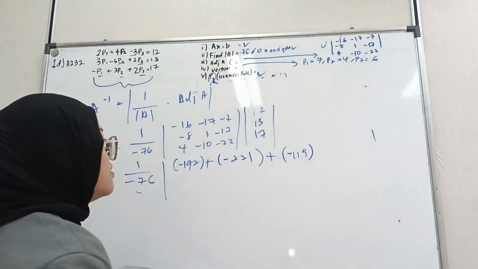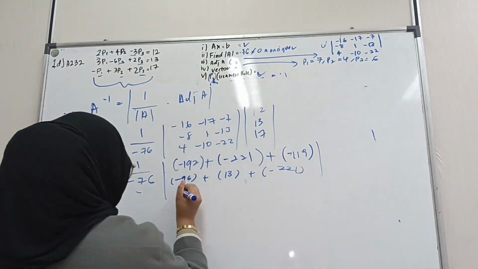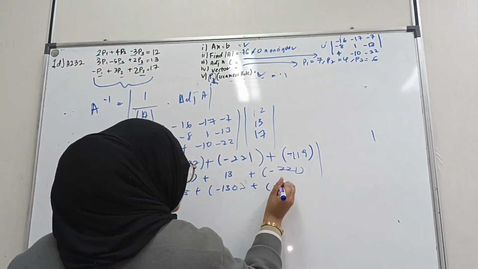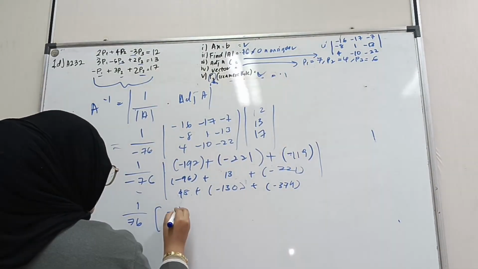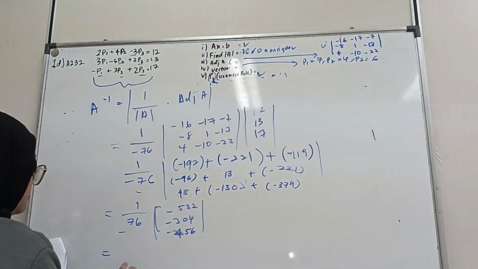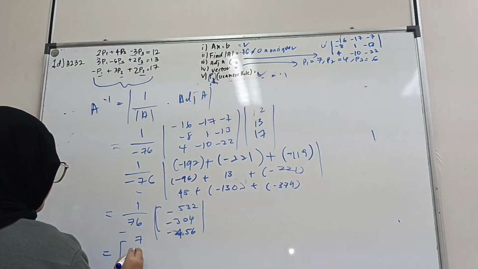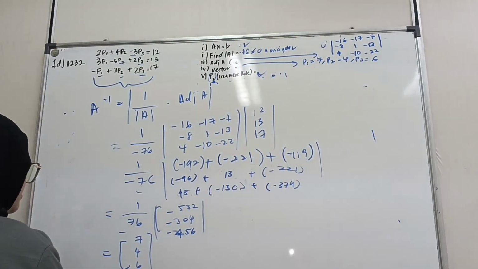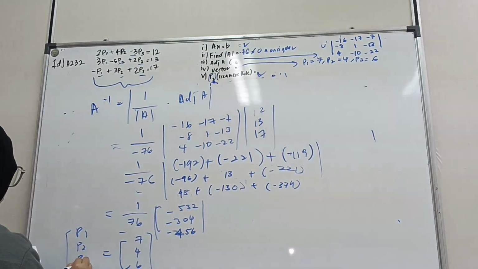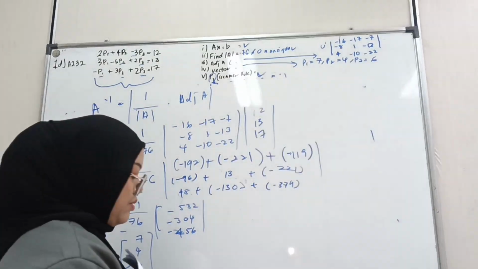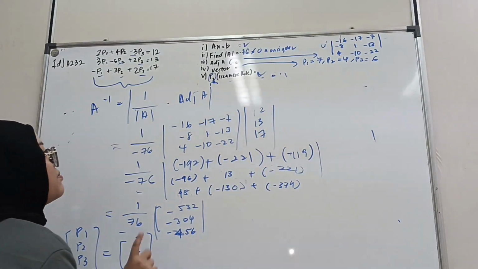Just that, so we have to solve it. Just divide. We get 7, 4, 6. This is the amount for P1, P2, and P3. Okay, are we clear? We get the amount for P1, P2, and P3.